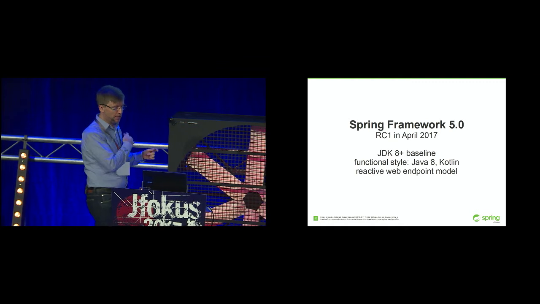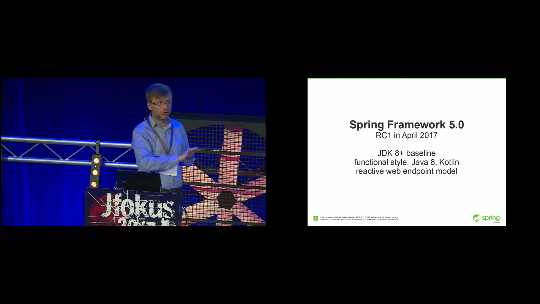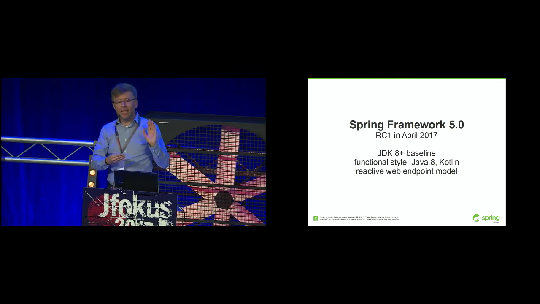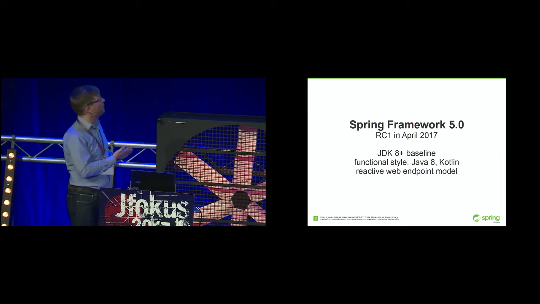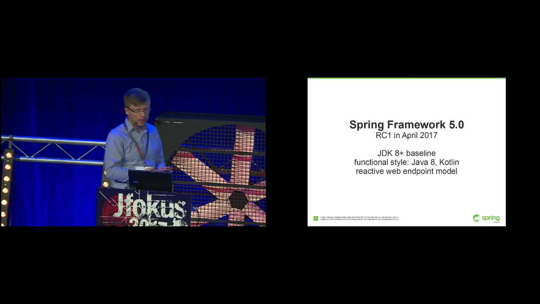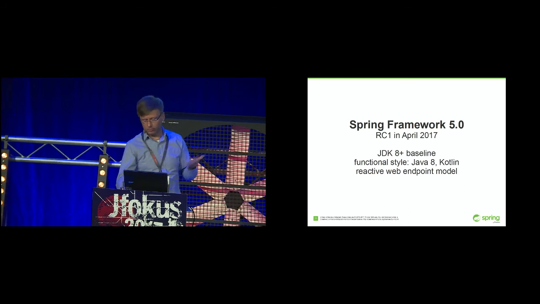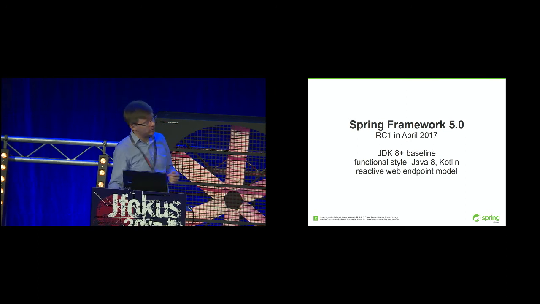JDK 8 Plus baseline across the framework, the functional style registration APIs that I've been showing, and the entire reactive story. This is all going to happen in Spring Framework 5.0 already, GA likely around May, right? But RC1 in late March or early April.